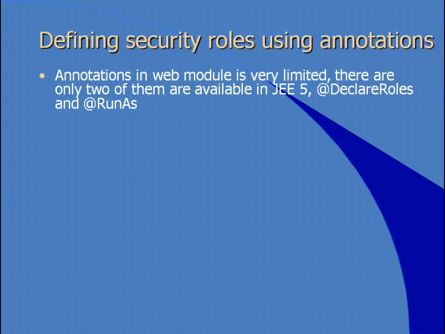Annotations are a new ability in Java EE5 that allow us to annotate inside of our Java code what is normally necessary to do, as we saw in the previous example. It has historically been necessary to configure everything in web.xml.